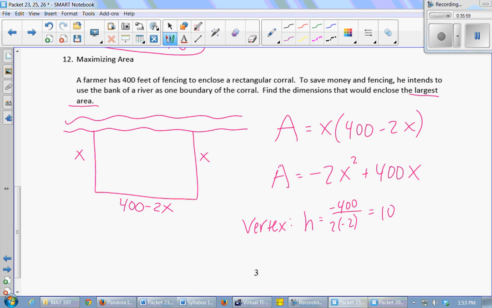So that's 100. And then k, the y-coordinate, is what you get if you plug that 100 into the area formula. Right. So 100 squared is 10,000. So that's negative 20,000 plus 40,000 is 20,000. That was A of 100.